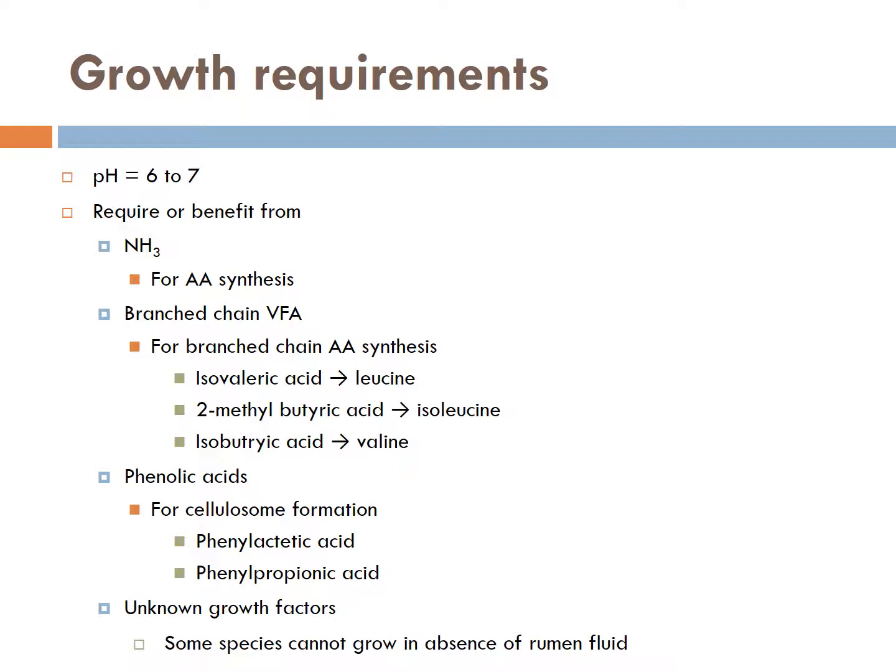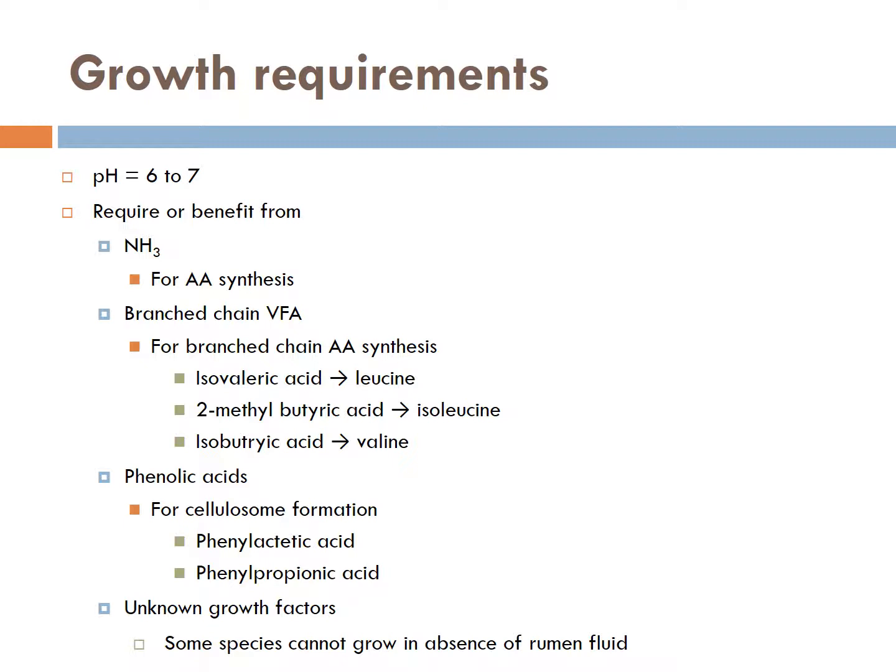They use ammonia for amino acid synthesis, and for a long time it was thought that they used only ammonia and they were not able to use amino acids directly. The branched-chain VFA are used for branched-chain amino acid synthesis. The VFA and their corresponding amino acids are shown below. For example, isovaleric acid is used to synthesize leucine.